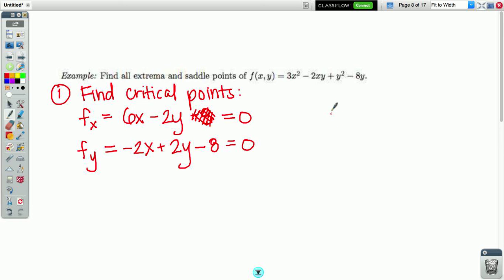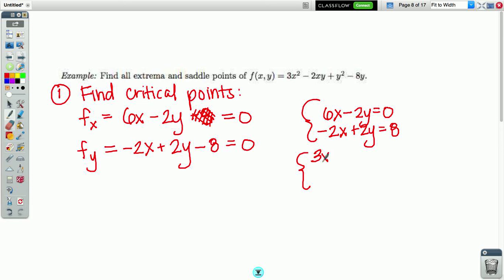Now let me reorganize this a little bit. 6x minus 2y equals 0, and then negative 2x plus 2y equals 8. Here's my system of equations. Now first of all, I'm going to divide everything to make these a little bit simpler. So I'm going to rewrite my system as 3x minus y equals 0 and negative x plus y equals 4.